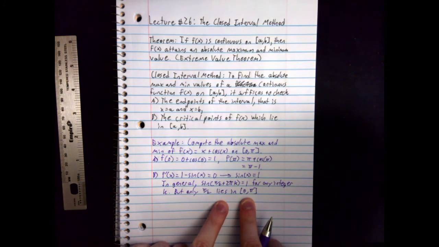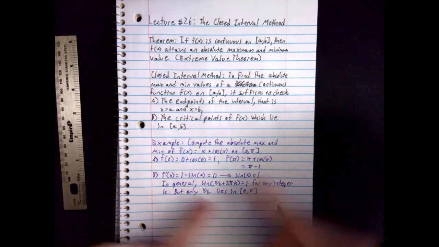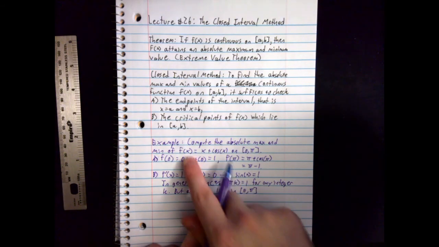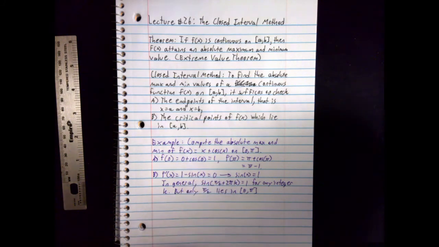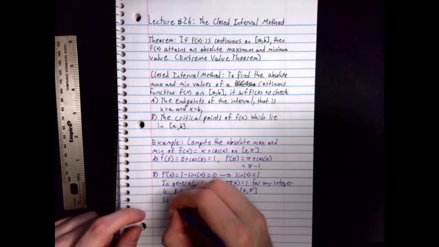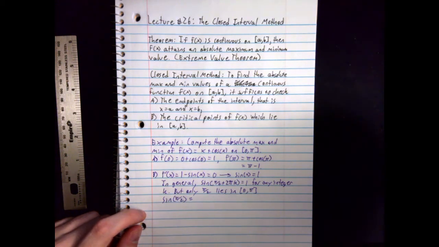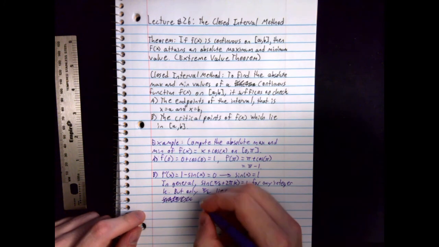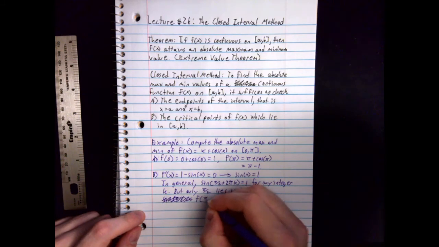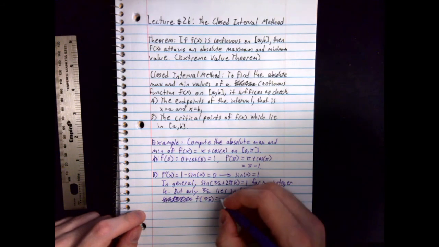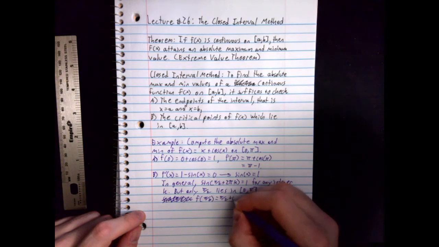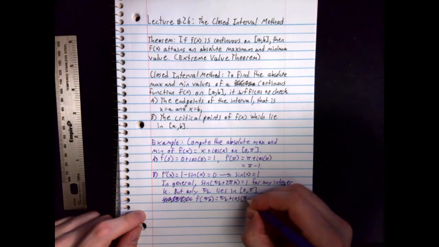Let's go ahead and evaluate the function at that critical point. So we take this value, plug it back into the original function, not the derivative. I'm sorry, that is not what I meant to write. f of pi over 2 is equal to pi over 2 plus cosine of pi over 2.